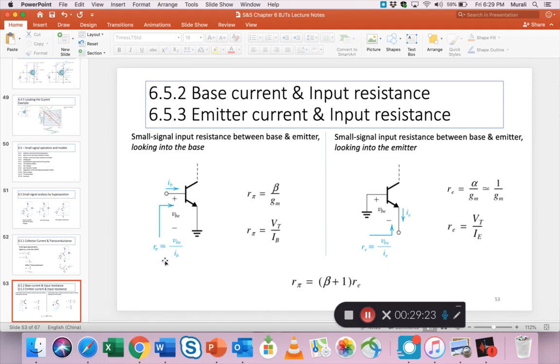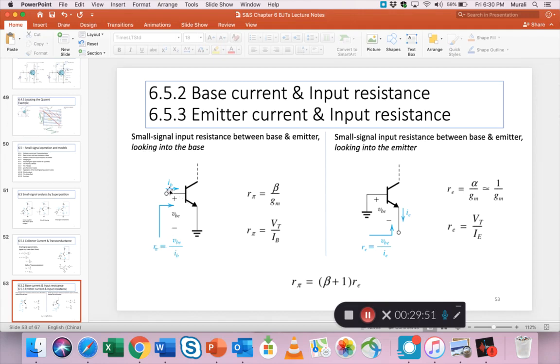There is something called the small signal input resistance between the base and the emitter, and it's generally shown as R pi. It's defined as R pi equals VBE, which is the small signal input voltage, divided by the small signal current, so that is V by I, resistance.